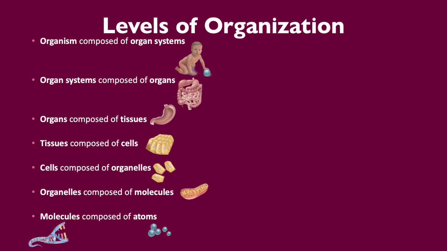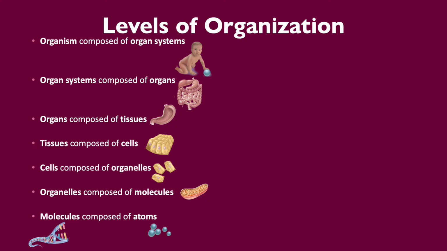Levels of organization. Organisms, in this case human beings, are composed of organ systems. Your organ systems would be your cardiovascular system, your respiratory system, your digestive system, your reproductive system. Your organ systems are composed of organs.